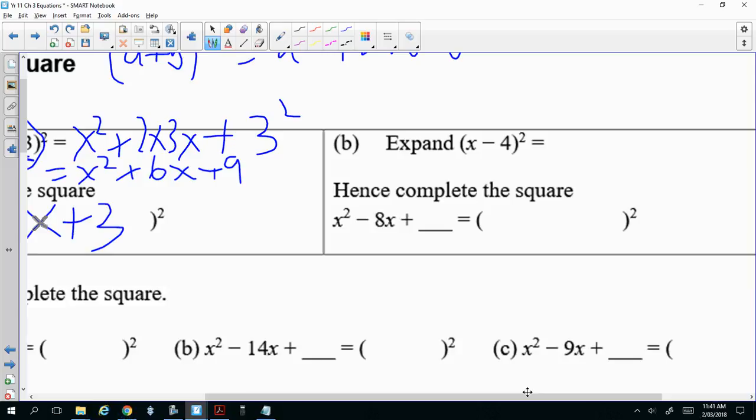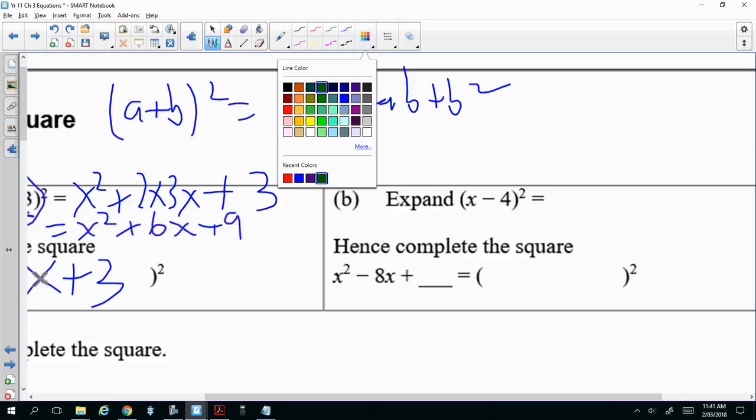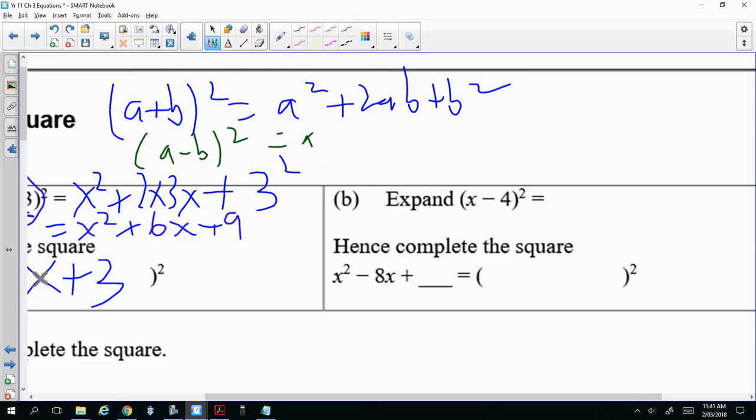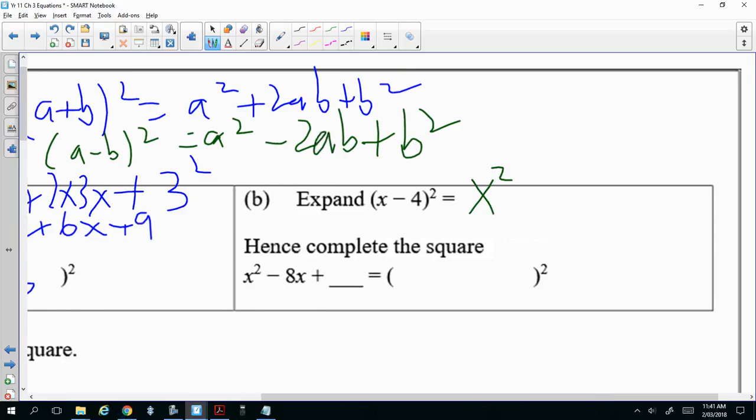Expand the next one. Same rule, except there's one with the minus. (x - b) all squared is x squared minus 2bx plus b squared. So if you expand (x - 4) all squared, you write x squared minus, you double the 4 which becomes 8x, and then square the 4 which becomes 16.